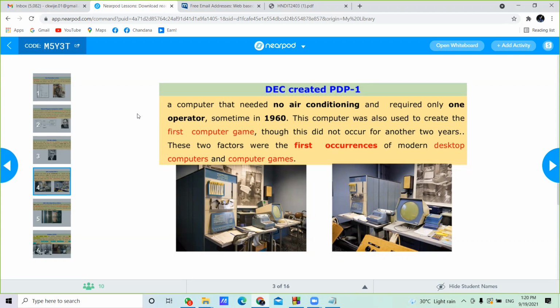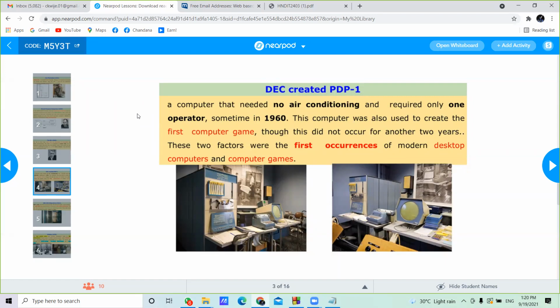Remember the points here: in 1960 they introduced this computer, the DEC PDP-1. No air conditioning was required to work, and it was the computer used to play the first computer game. However, it did not run much further, only two years successfully, and after that it was removed.